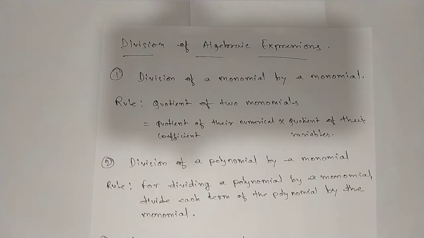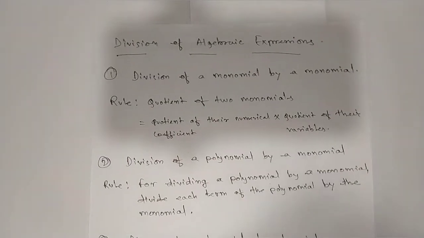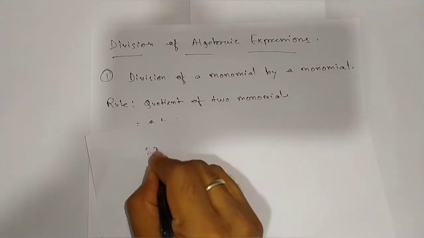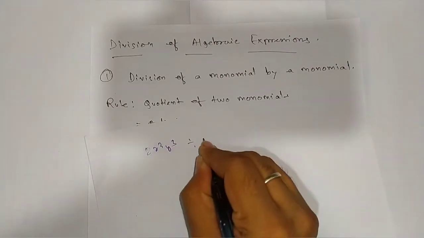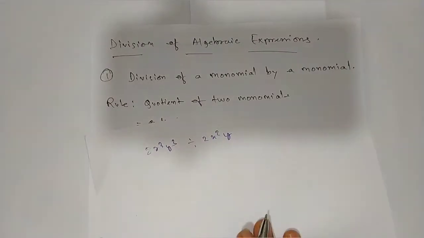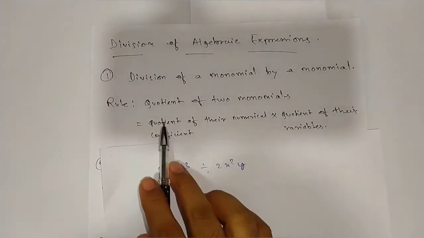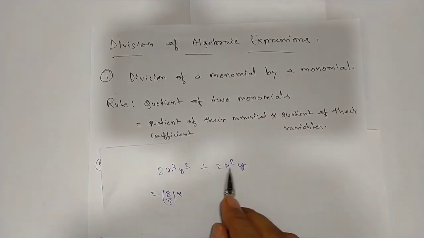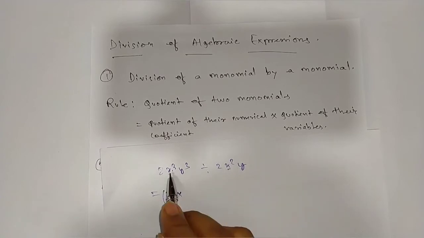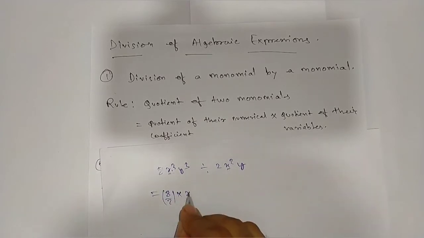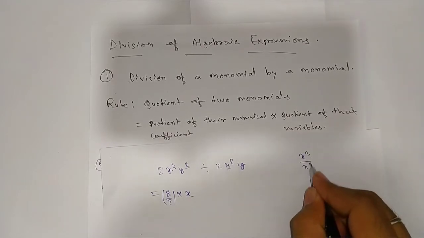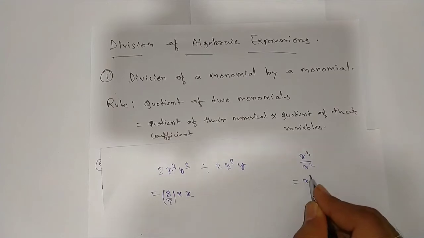Now the first one, that is the quotient of two monomials. How are we going to get it? If we take two monomials, like 8x cube y cube divided by 2x square y, the rule is that we take the quotient of their numerical parts, that means 8 by 2, separately. Now see the variables: x and x, the bases are the same, so there is a divide symbol. x cube divided by x square, we write x to the power 3 minus 2.